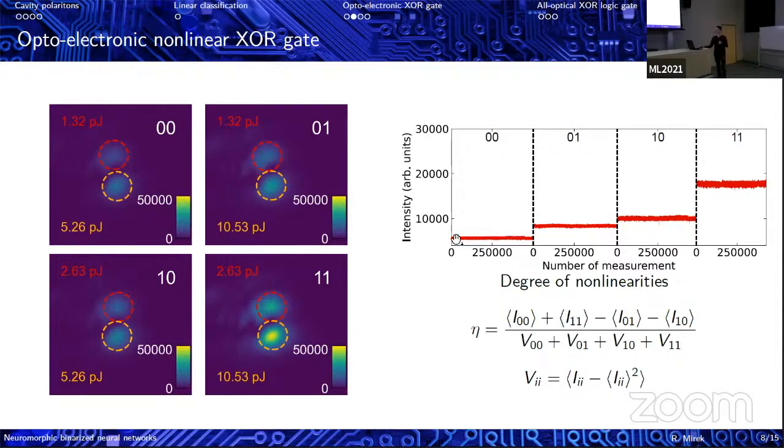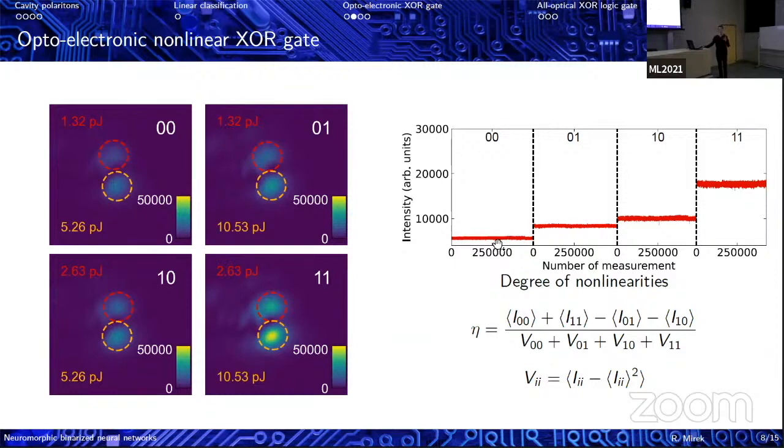So we just change the energy of the pulses, and this is how we encode the states. And these are the results of the emission from the condensate, which I marked with the red circle. We can observe here huge nonlinearities, but also some noise.